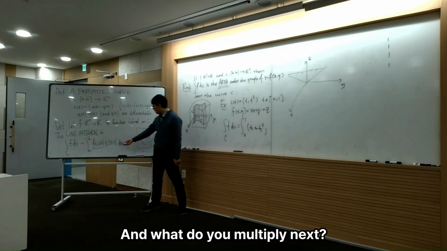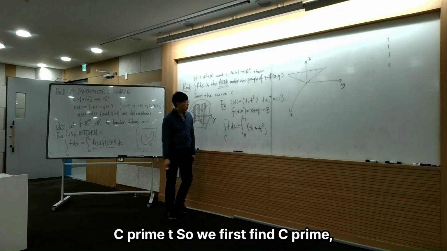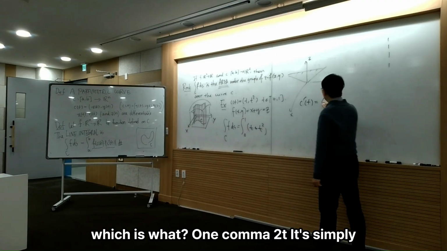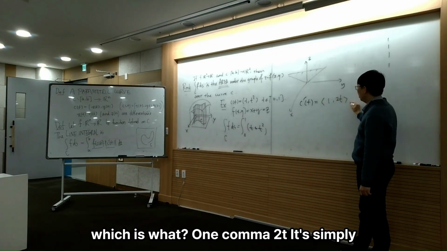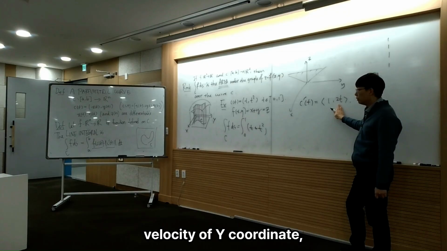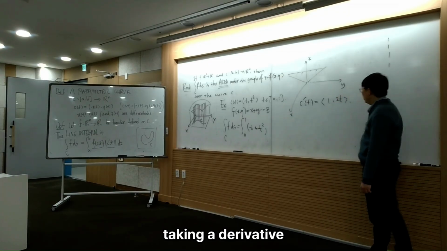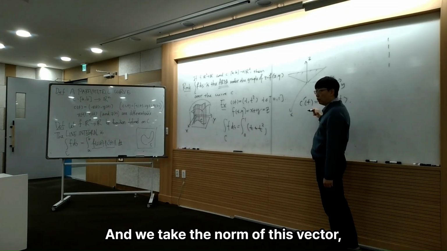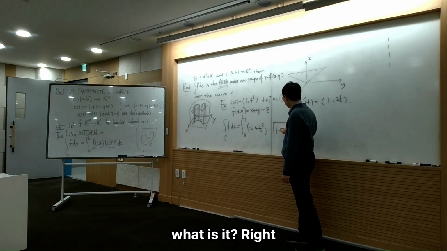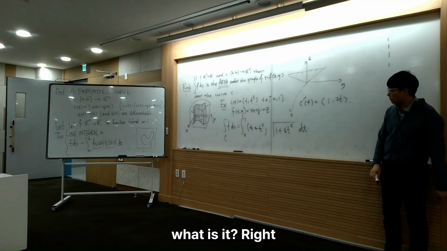And what do you multiply next? C prime t. So we first find c prime, which is what? (1, 2t). It's simply the velocity of the x coordinate and the velocity of the y coordinate, taking a derivative. And we take the norm of this vector. What is it?